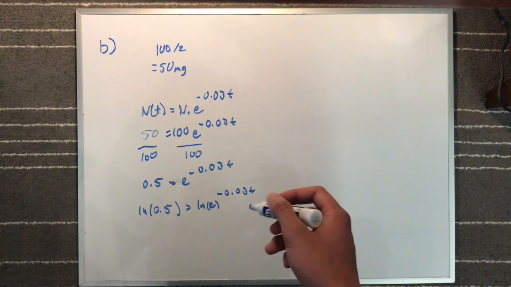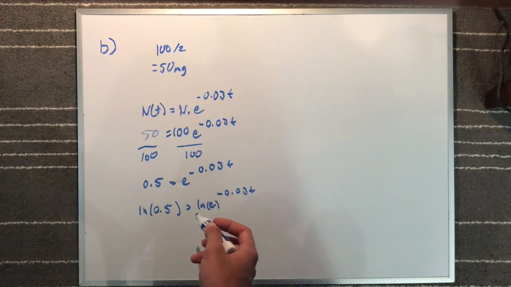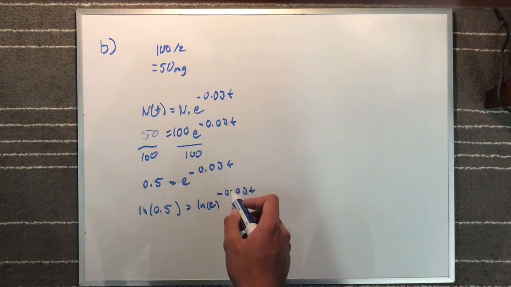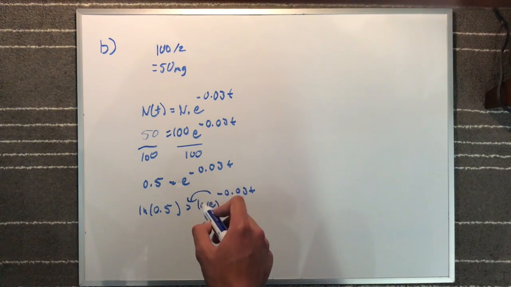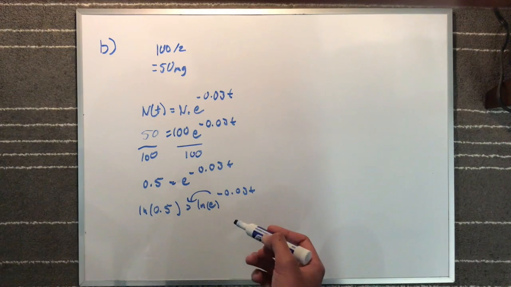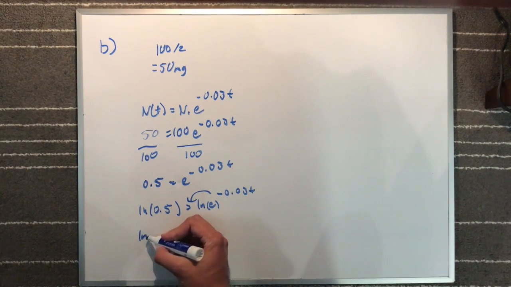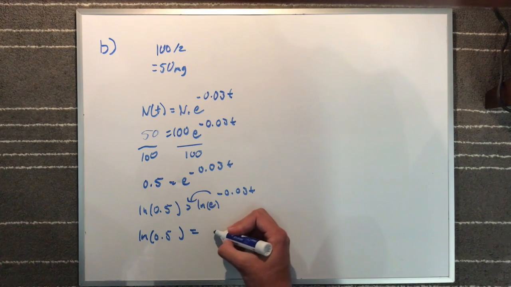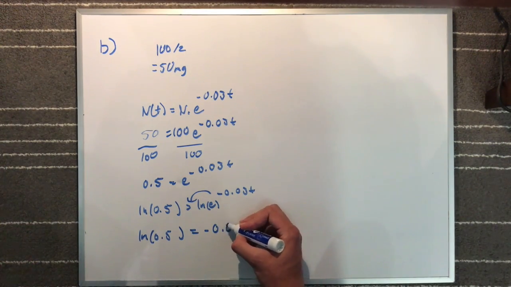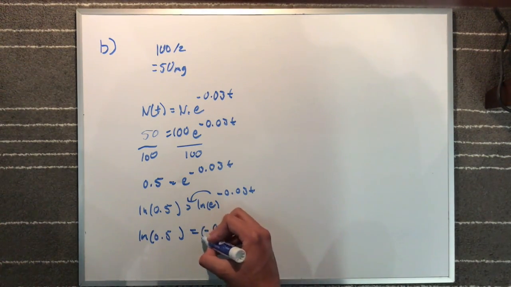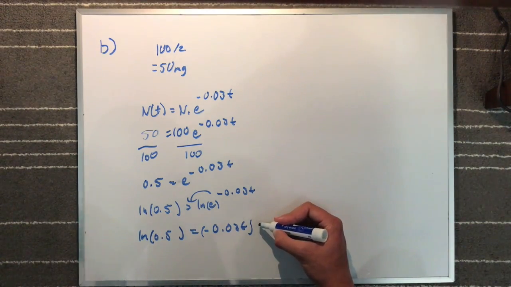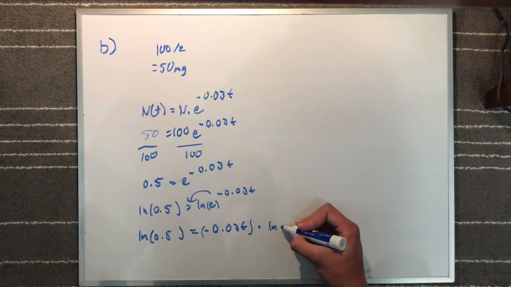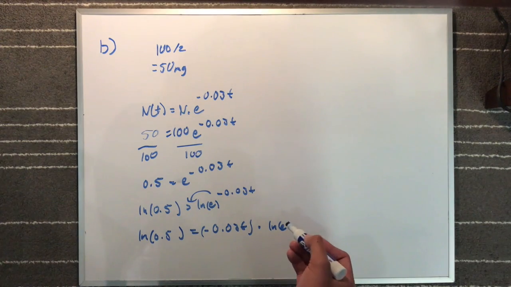Now again, we're going to use that rule where, because we're lnning something that has a power to it, we can bring this power to the front and multiply it with that ln. So we have ln 0.5 equals negative 0.03 t, times ln e, which again is just 1.